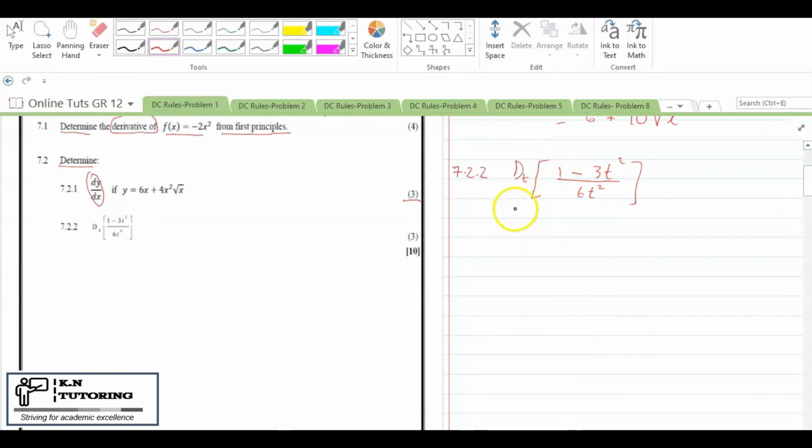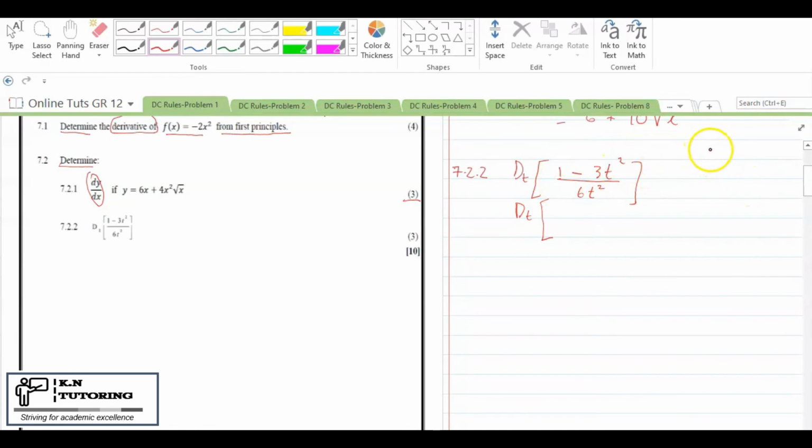So I'm going to simplify this, and with this notation, when you are simplifying, you write everything as it is. You include the dt, you include the brackets, and you simplify. Now, how will I simplify this?